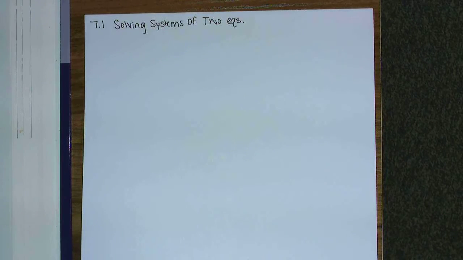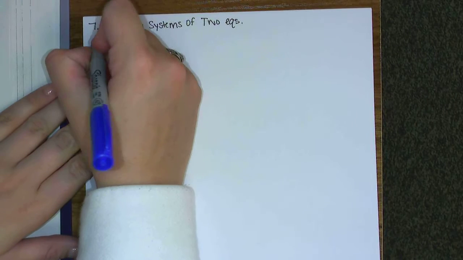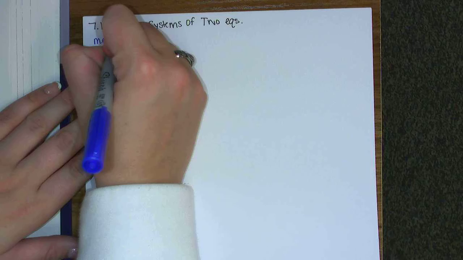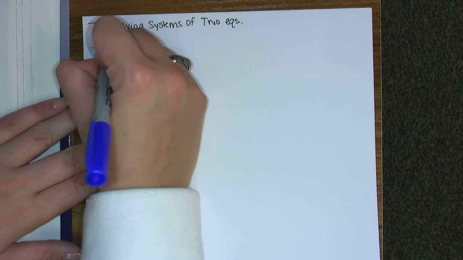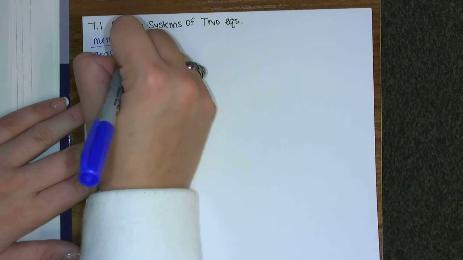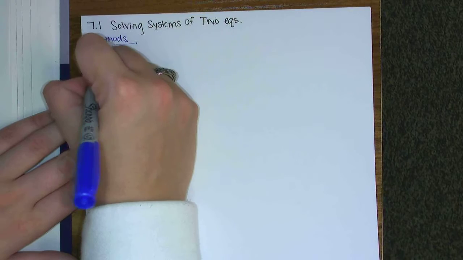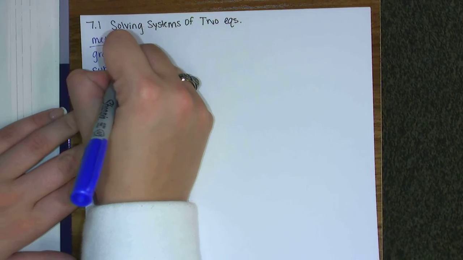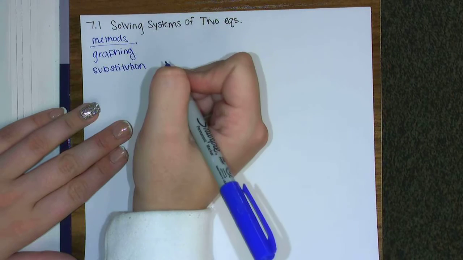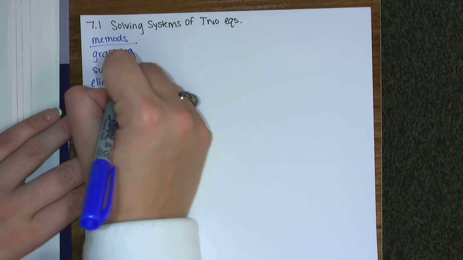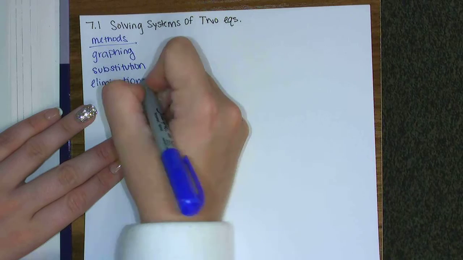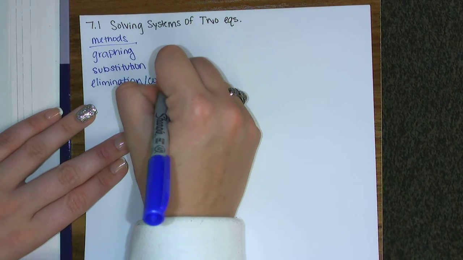We have a couple different ways that we can solve these. So methods include, we can do it by graphing, we can do it by substitution, we can do it by elimination, or you may have learned it as combinations.